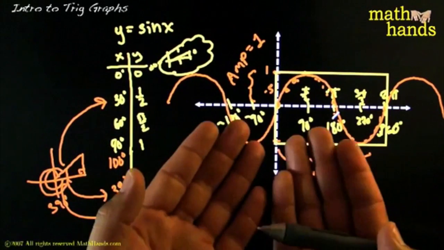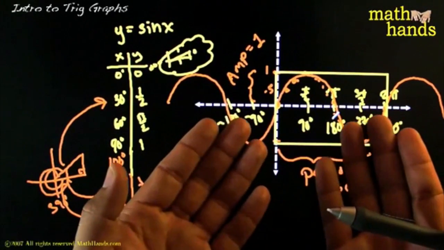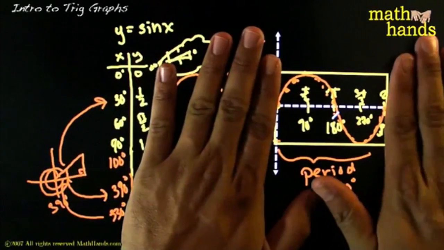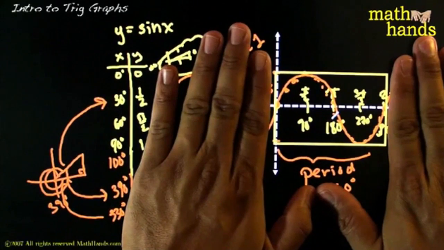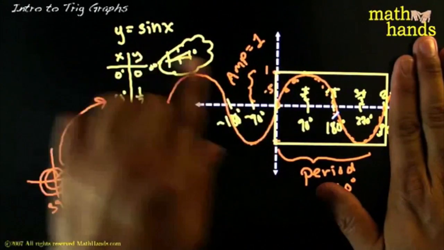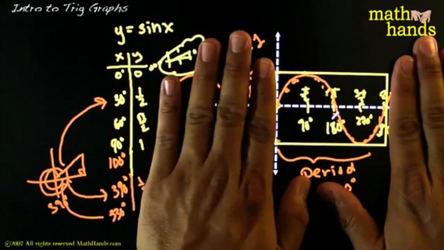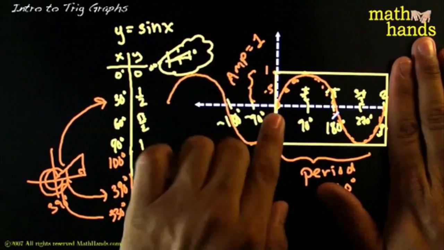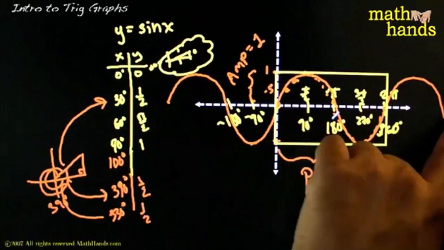Okay, let me make another version of this graph and point out some really important things about it. Most of the time you should know that it's quite common to only graph one period, and it's understood, even if I just graph that part of it, that for sine, cosine, tangent, for all of these, even if just one period is graphed, they really go on forever, and forever that way and forever that way.